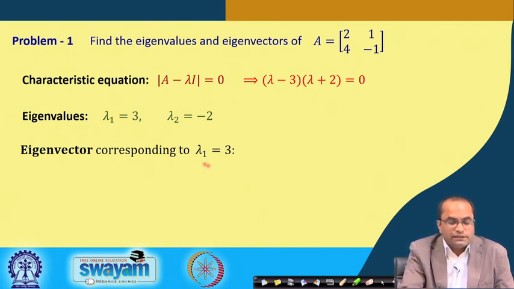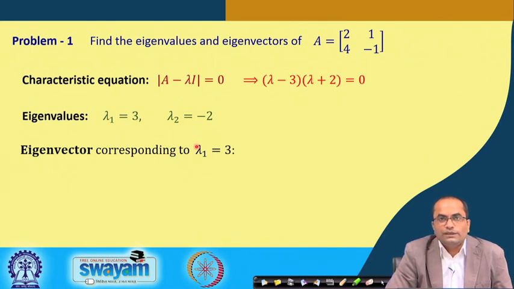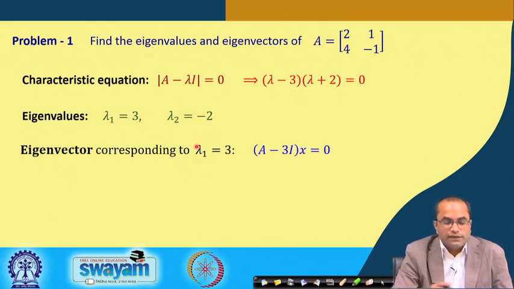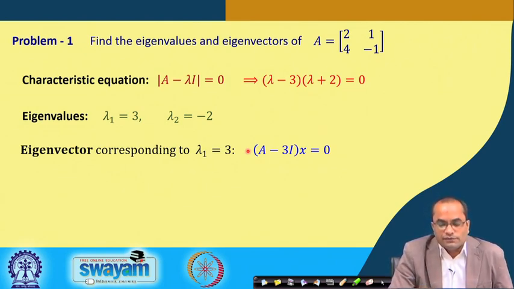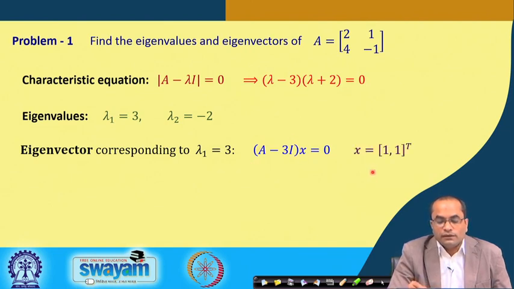So, first let us take lambda 1 is equal to 3. While taking this, we have to form the system of equations A minus lambda I times x. So, that will be the system of equations. We have to subtract this 3 from the diagonal entries, and that will be our matrix.